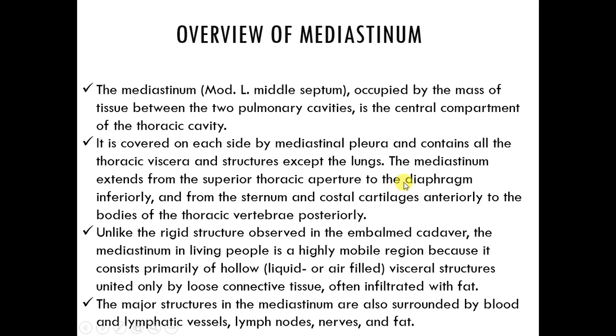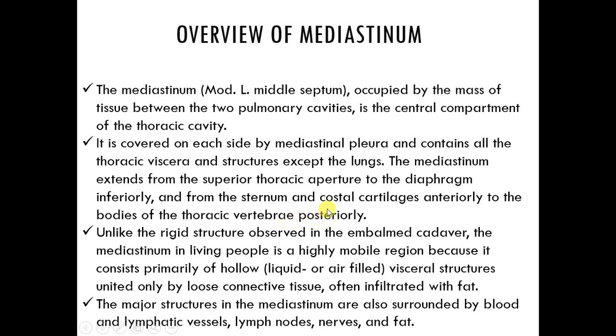The mediastinum extends from the superior thoracic aperture to the diaphragm inferiorly. We can very well understand from the diagram. If you have opened the diagram with you, I will show you the diagram in the coming slides. It extends from the sternum and costal cartilages anteriorly to the thoracic vertebrae posteriorly.